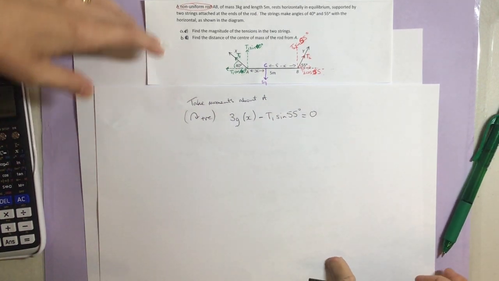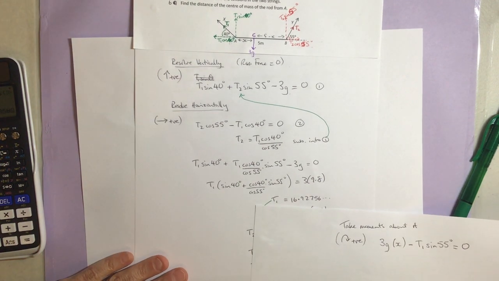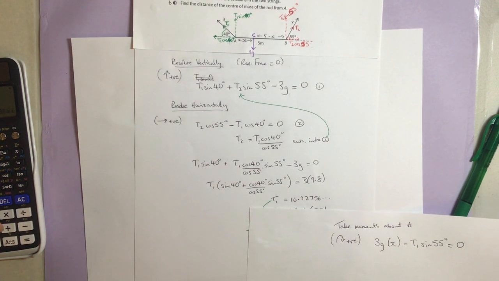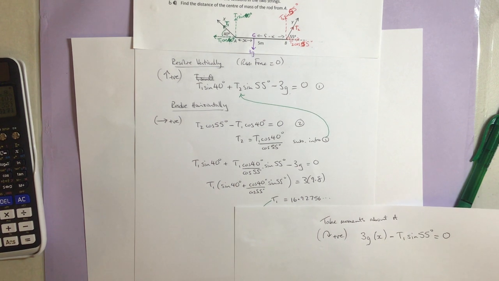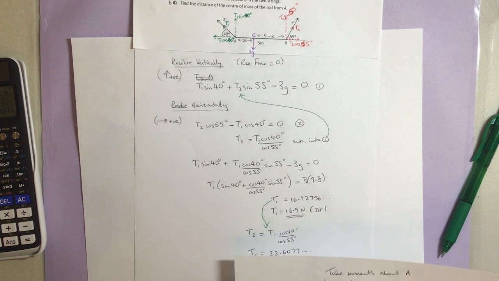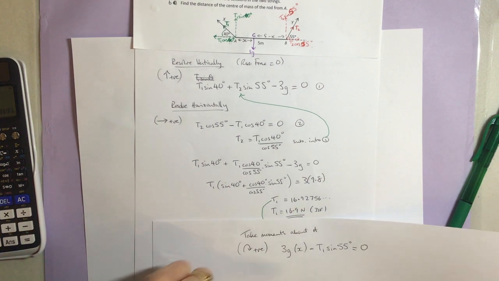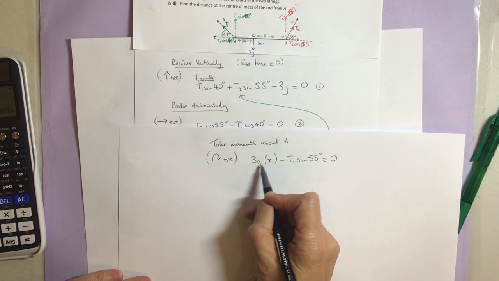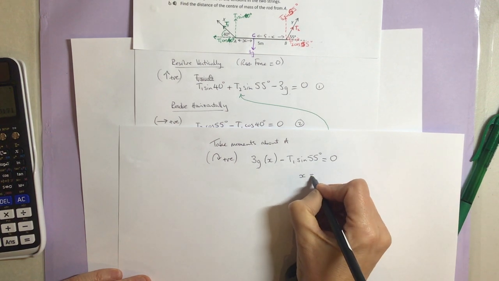And T1 I've got from my answer here, 16.927. Let's just have a look at that. We're going to put that in here. I'm going to do a bit of working out. I'm going to take this across, take my 3G down and get my X value.